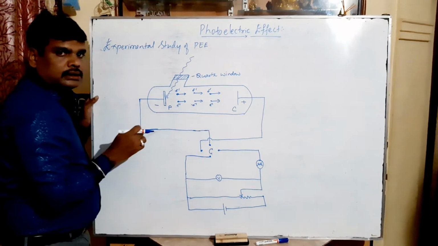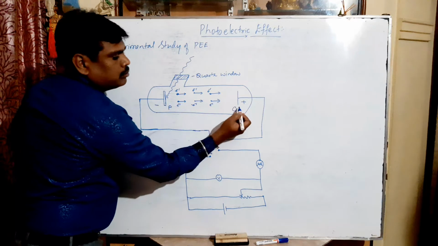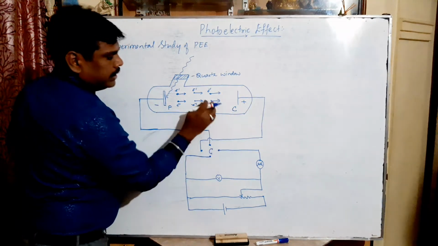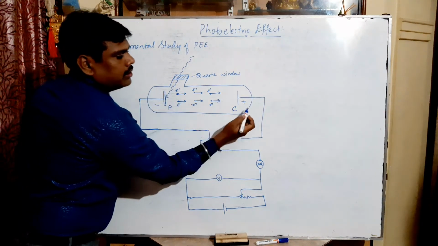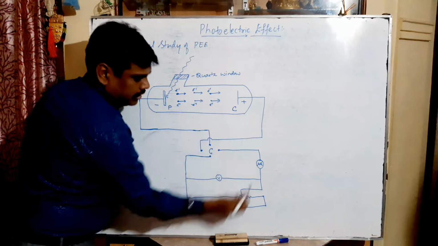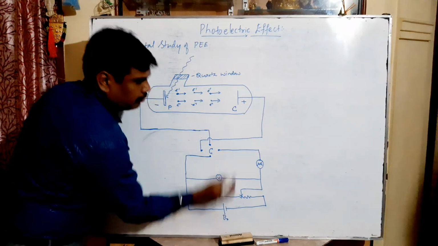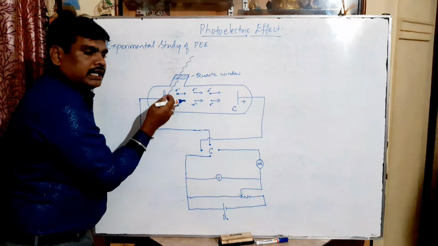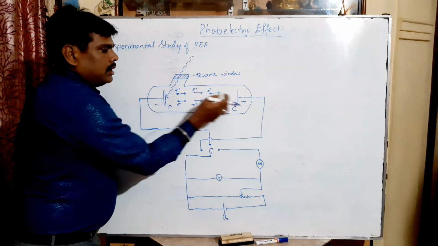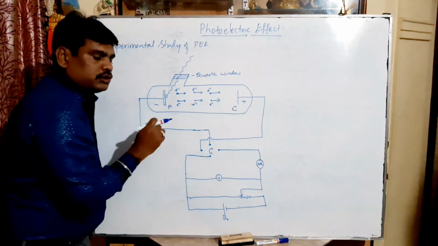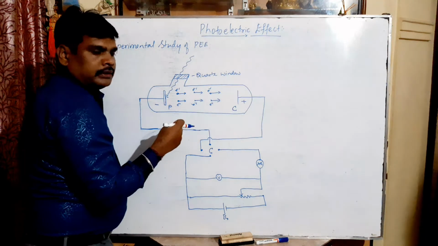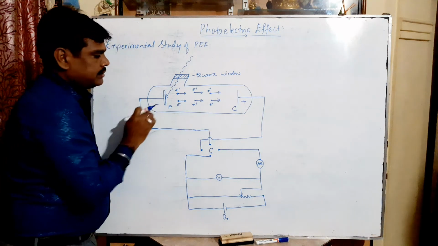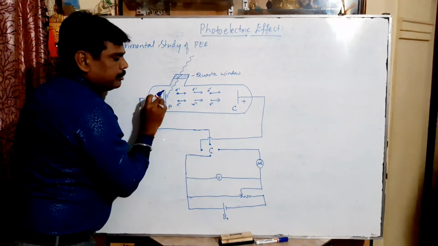Why can the electrons move from here to here? Because we have maintained positive potential here with the help of this battery. Electrons are negatively charged and this plate is provided with positive potential, so it can attract them. Since it is a completely evacuated space, the electrons come out from the metal surface due to the incident radiation.